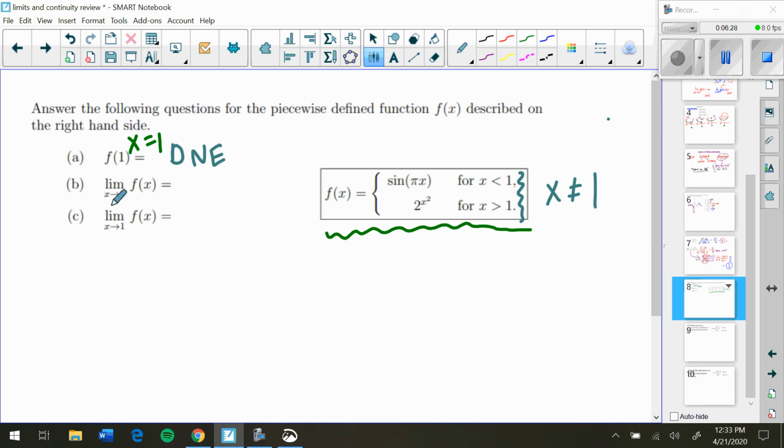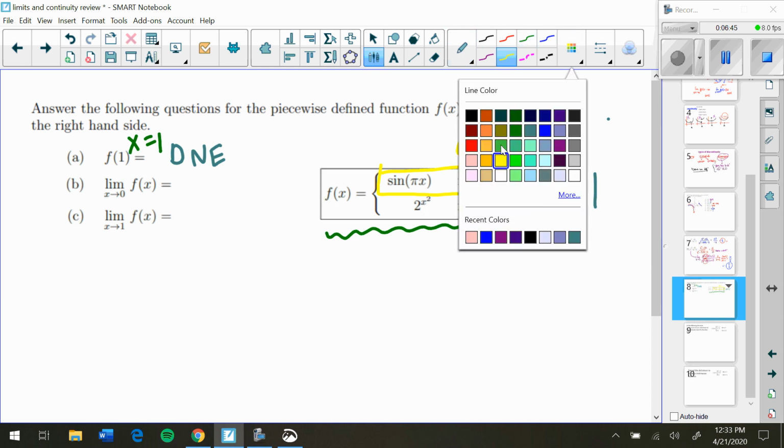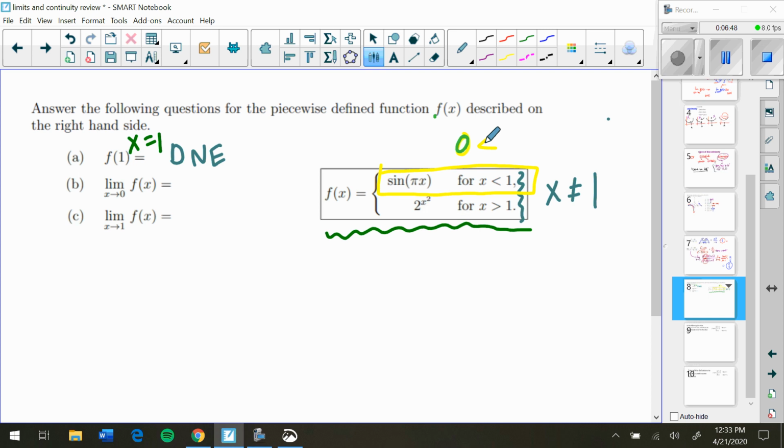All right, then we look at our limits. So we have the limit as x approaches 0 of f of x. If I am approaching 0, I am going to be focusing on this part of my piecewise function. Why? Well, 0 is less than 1. So that means I'm going to use this part of my piecewise function here.